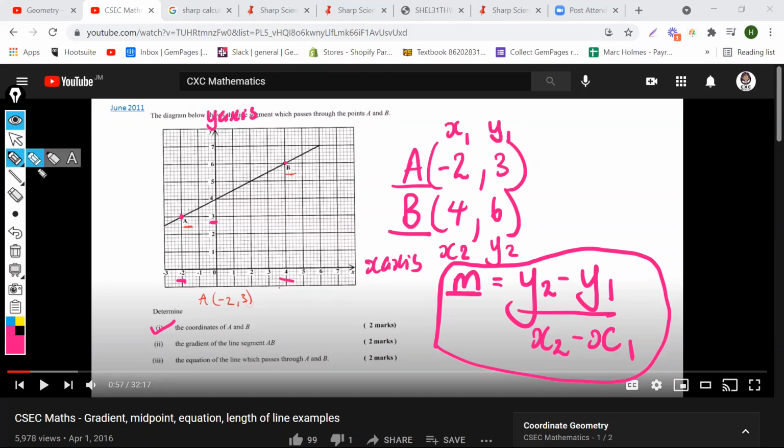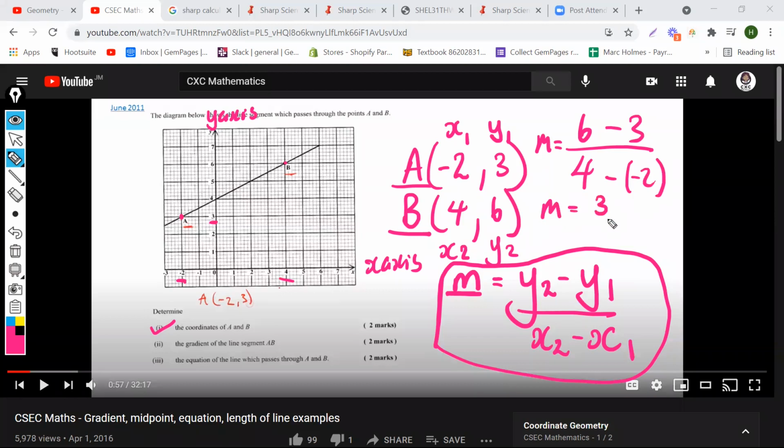So let's work it out. y2 is 6, y1 is 3, so 6 minus 3 divided by x2 is 4 minus -2. So this is going to end up being 3, 6 minus 3 is 3, over 4 plus 2, which is 6.